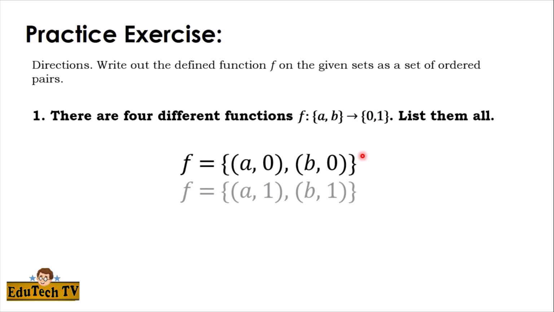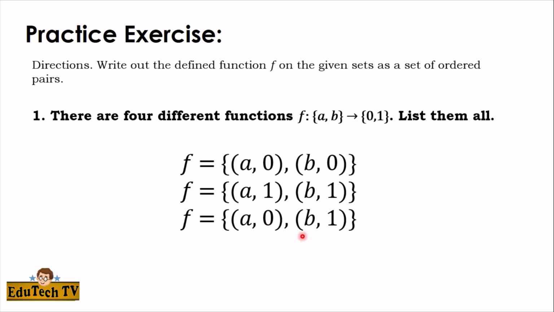Another function is A1 and then B1. Okay, so notice here, hindi na ulit yung X natin. A and B pa rin. Next, we have also A0, B1. Okay, so that's function. Another, A1, B0.